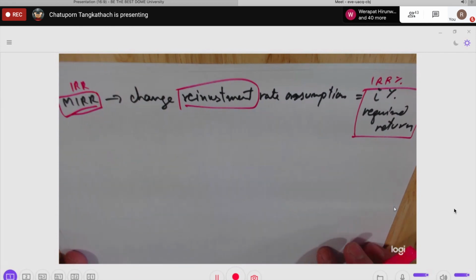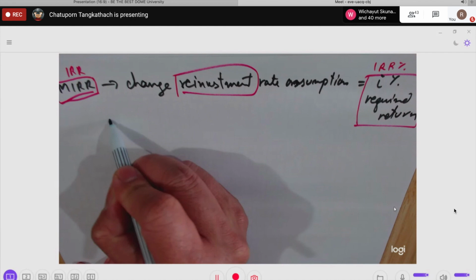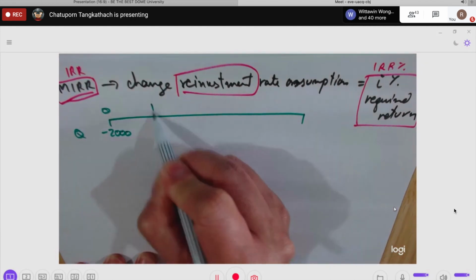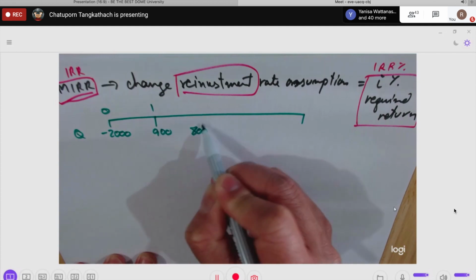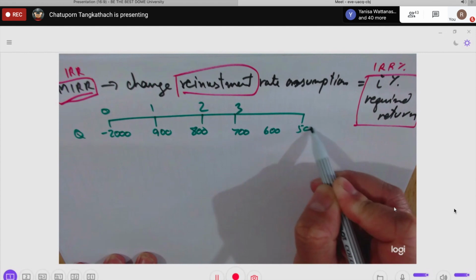And how can we change that? We just use the same method we used to prove IRR last time. Let me put project Q up again. Project Q: minus 2000, 900, 800, 700, 600, and 500.